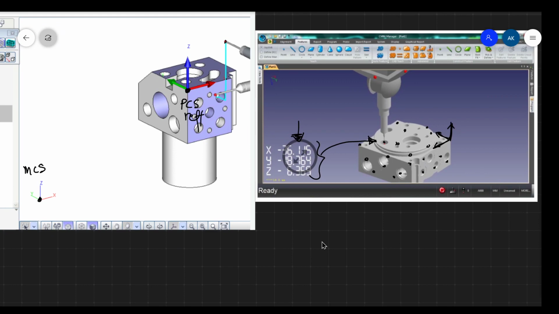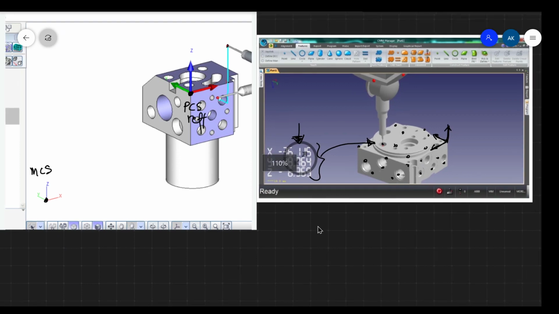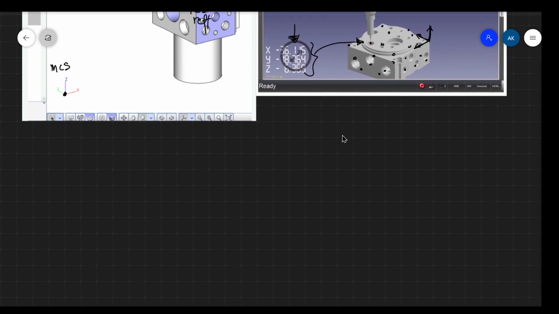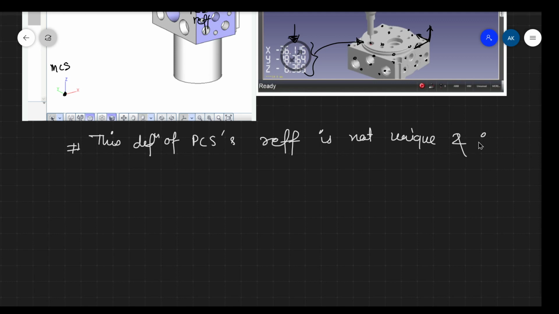Okay. Now, there are a few more things which you should know. One is that the definition of the part coordinate system's reference is not unique and is operator dependent.